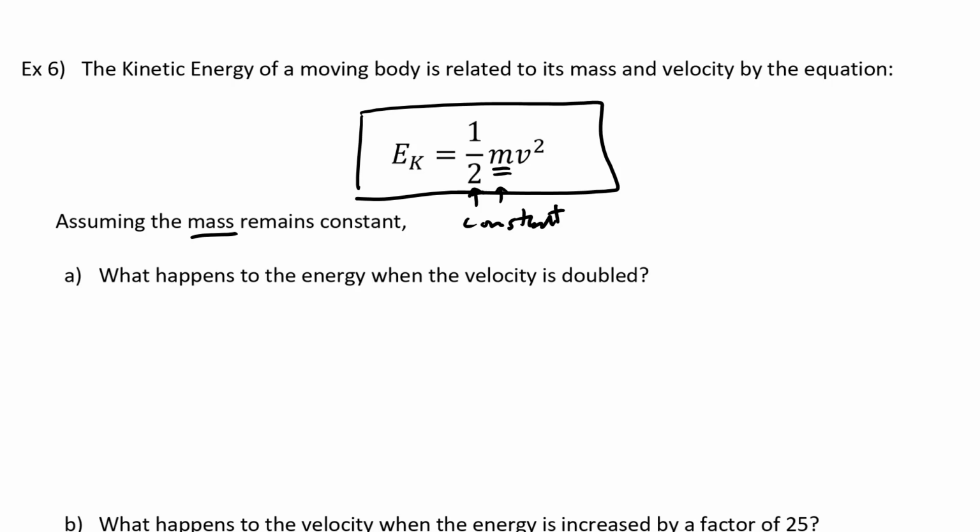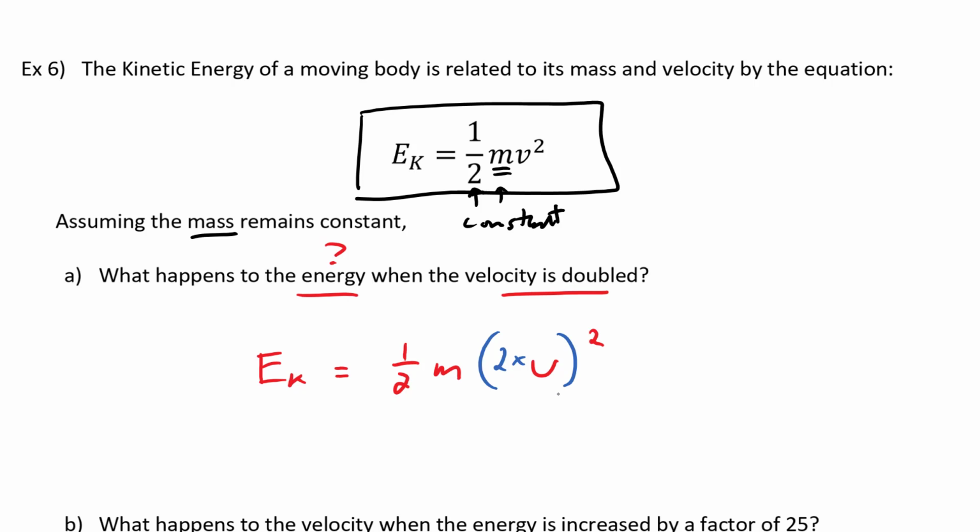What happens to the energy when the velocity is doubled? So kinetic energy is equal to 1/2 the mass times my velocity squared. Now what am I doing? I'm doubling my velocity. But if I double my velocity, notice I have to square that.